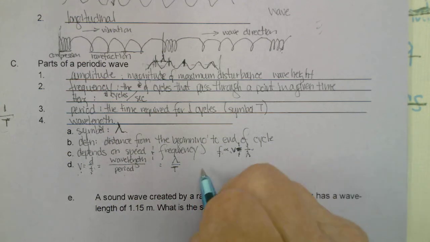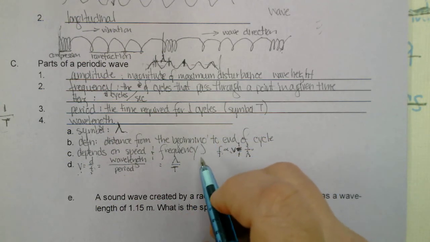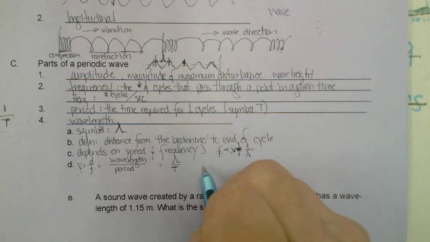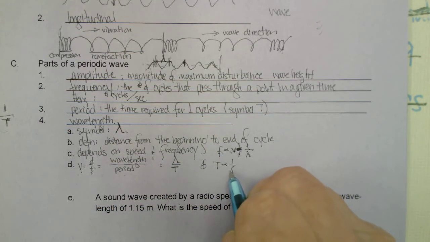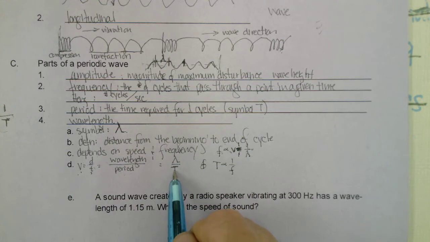But we also said that T is inversely related to frequency. So if frequency is on the bottom here, then 1 over frequency is going to be on the bottom.